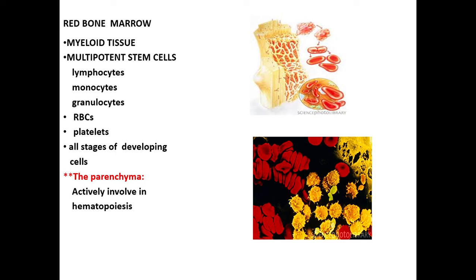Now, in the red bone marrow, the active part of the marrow which produces the blood cells is referred to as the parenchyma, while the other structures found in the marrow are called the stroma. Take note, parenchyma is involved in active hematopoiesis, while the stroma is the supporting structure within the marrow.